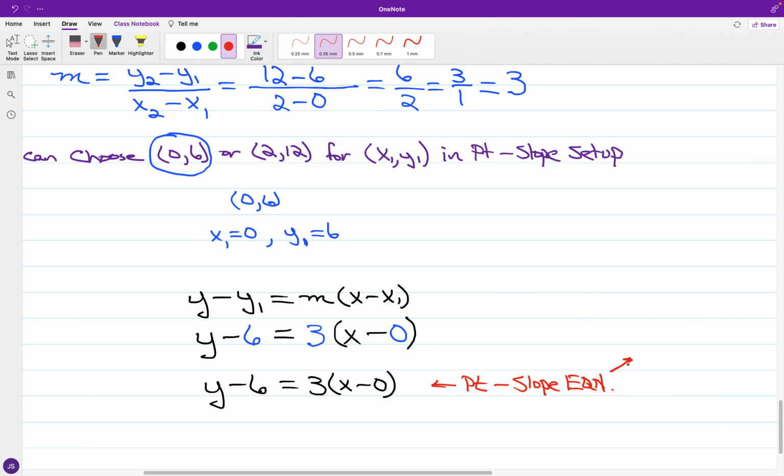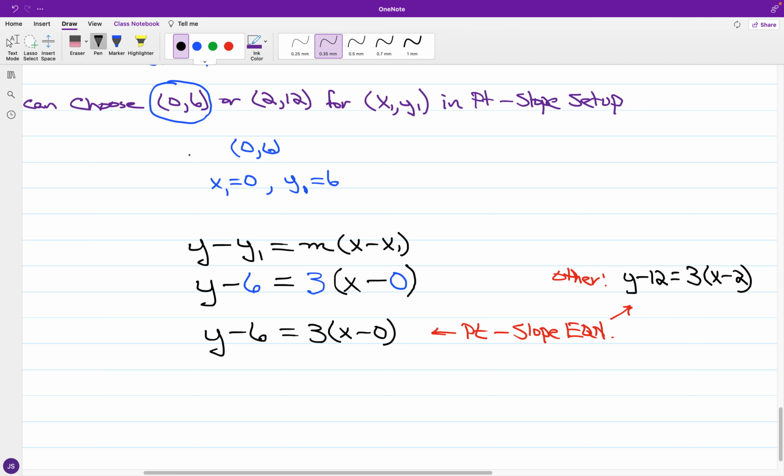I'll just mention on the side that I didn't select (2, 12). The other one would have been y minus 12 is equal to 3 times the quantity x minus 2. That would have been the other possibility.